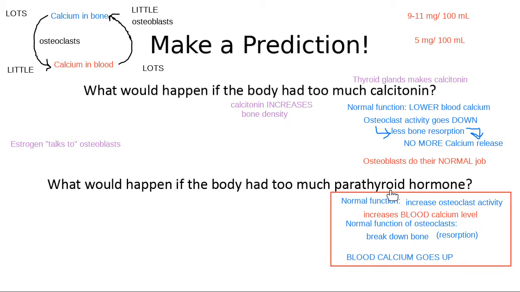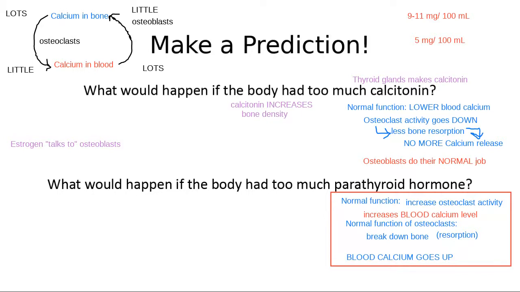I think what's more likely to cause osteoporosis is an issue with the parathyroid hormone. This goes to if we have too much parathyroid hormone. Remember, parathyroid hormone makes my bone breakers work harder. If my bone breakers are working harder, we are losing calcium from the bone.